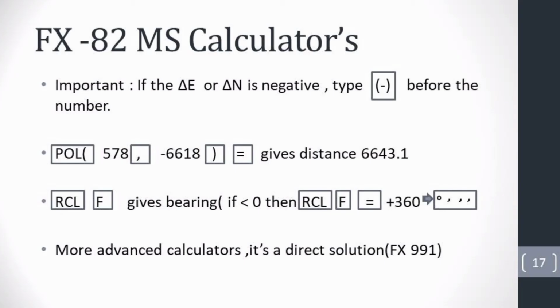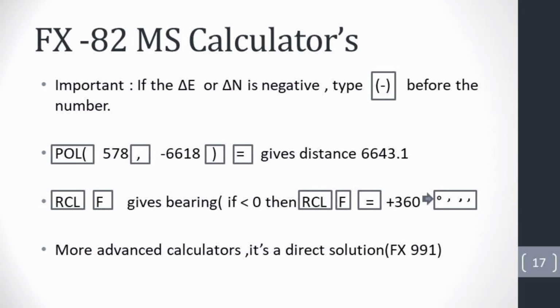Then after doing that, you go ahead and recall. That is, you press the RCL button, then you press the F on the calculator. After doing that, it gives you the bearing.